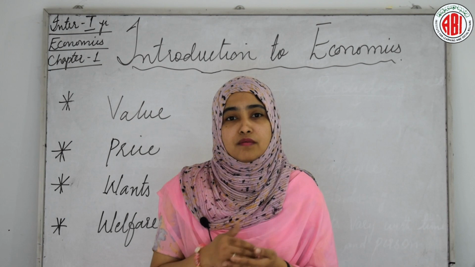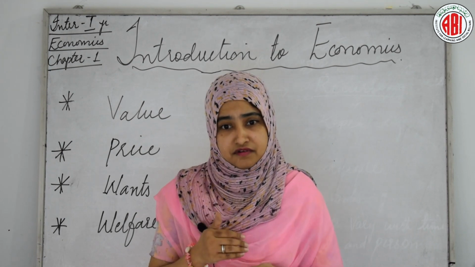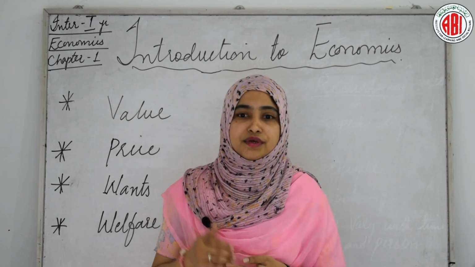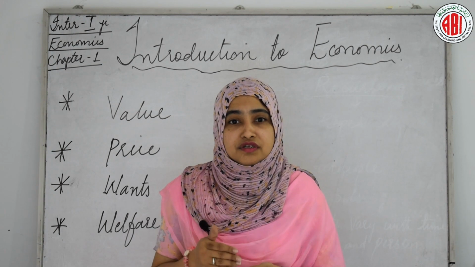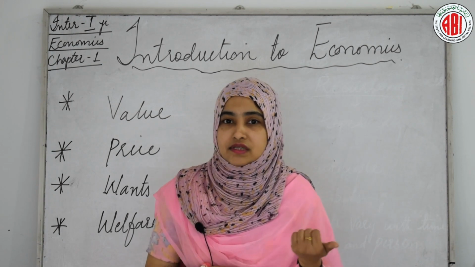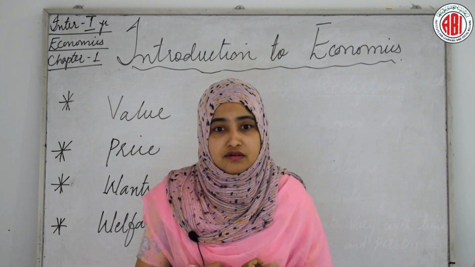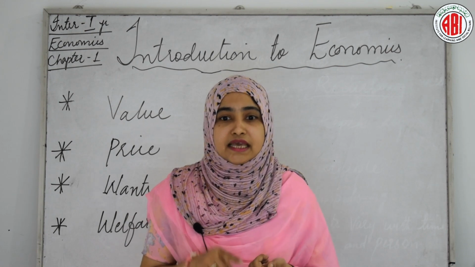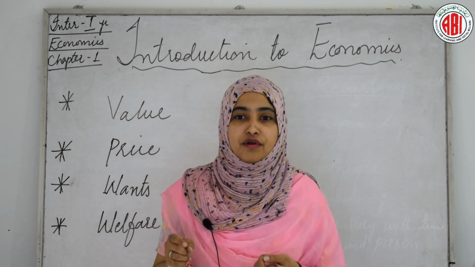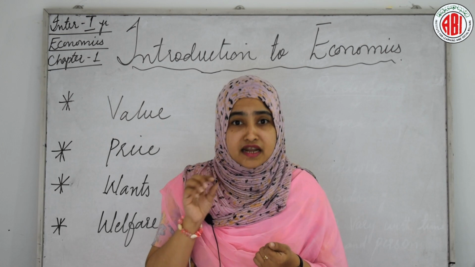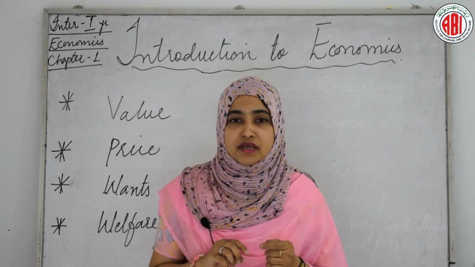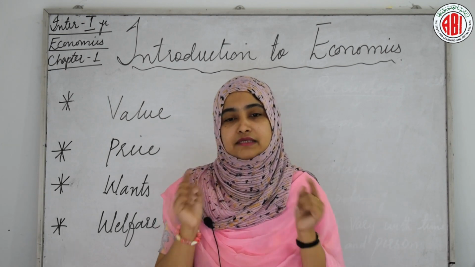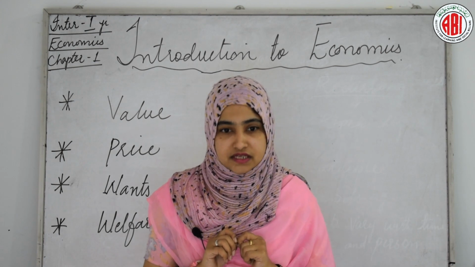Then Robbins gave a more scientific definition of economics. The growth definition is given by Paul Samuelson, which includes the time element in the nature and scope of economics. Okay, the nature and scope of economics cover all the aspects of economic activities.